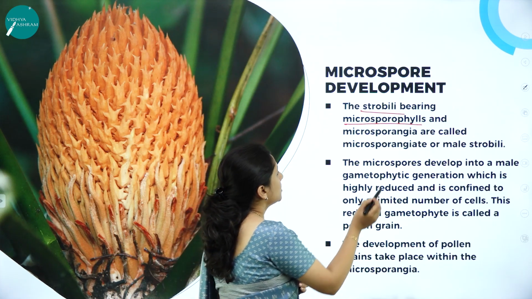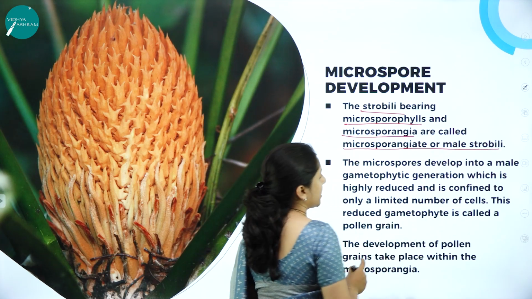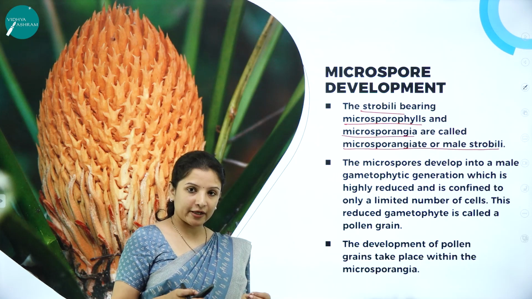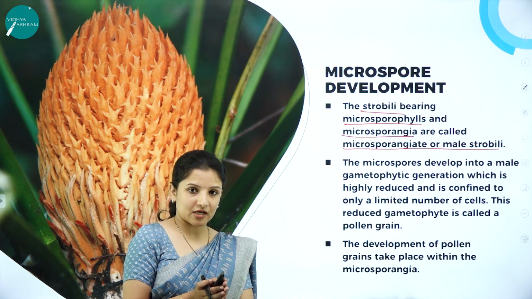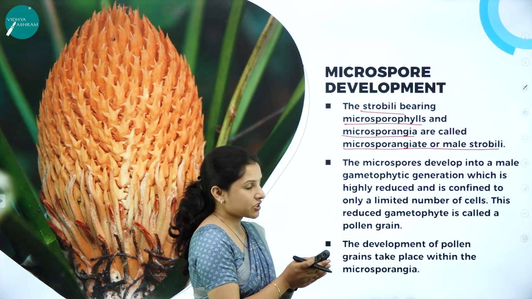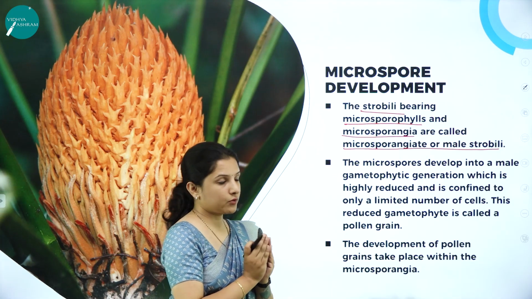So remember that. Microsporangia are called microsporangiate or male strobili. These microsporophylls form compact structures called the male strobili, and these microsporangia produce the microspores. So now it is understood.